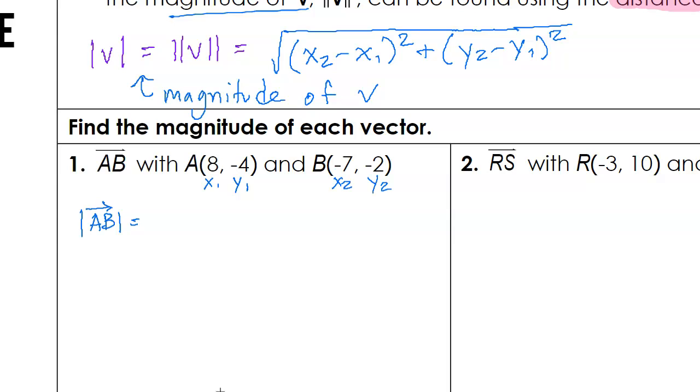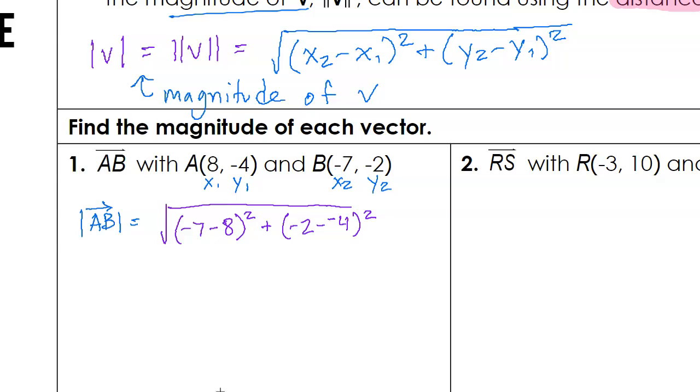Normally, if I was doing this on my own, I would not label these. I would just do it, but I'm doing this for these values. Okay, the square root of x2, which is -7, minus x1, which is 8, squared, plus y2, which is -2, minus y1, which is -4, squared.